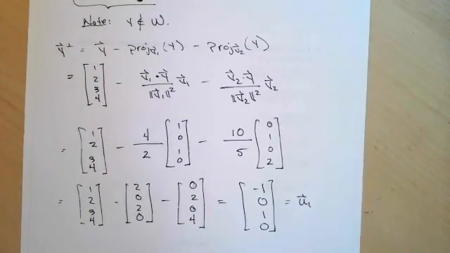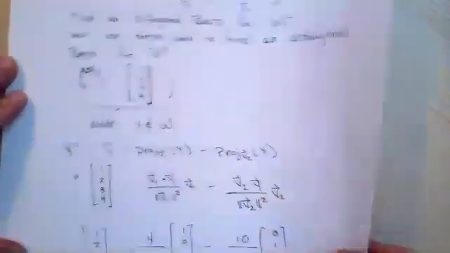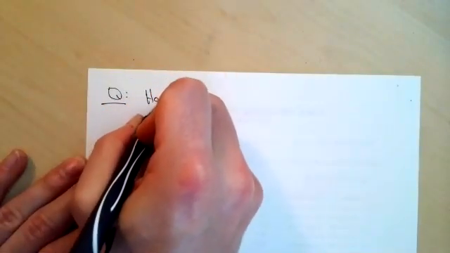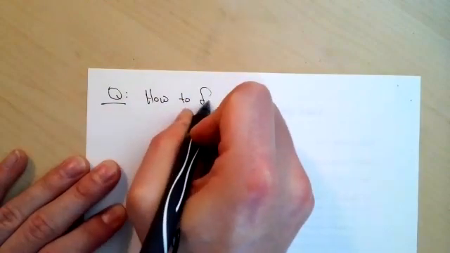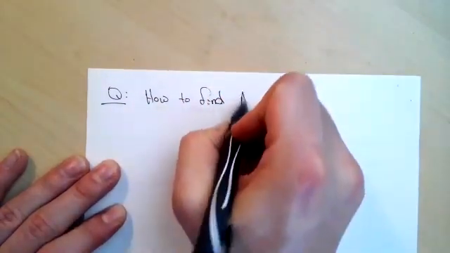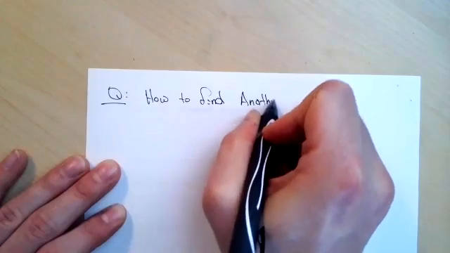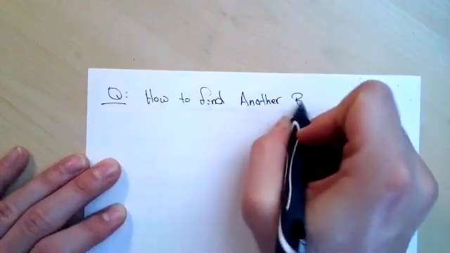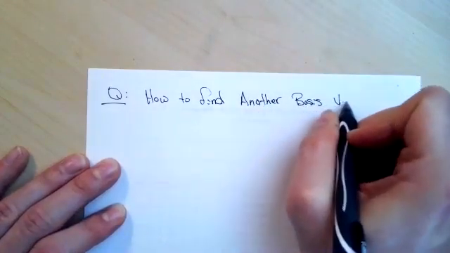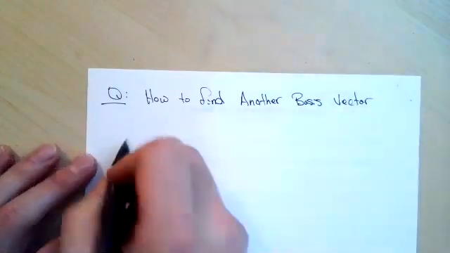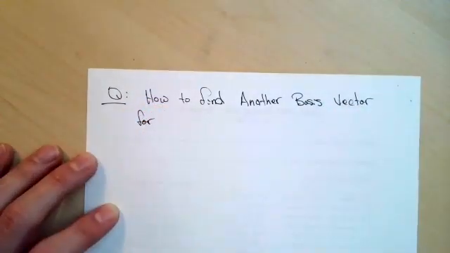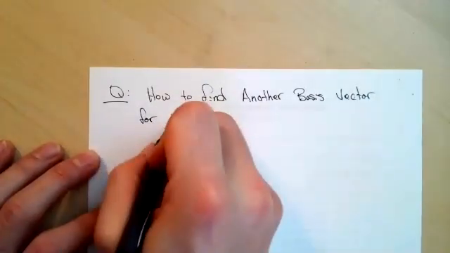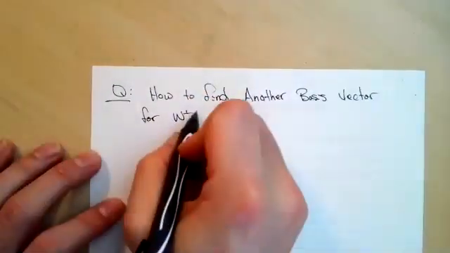And so now the question is, how do we find another basis vector for W perp?